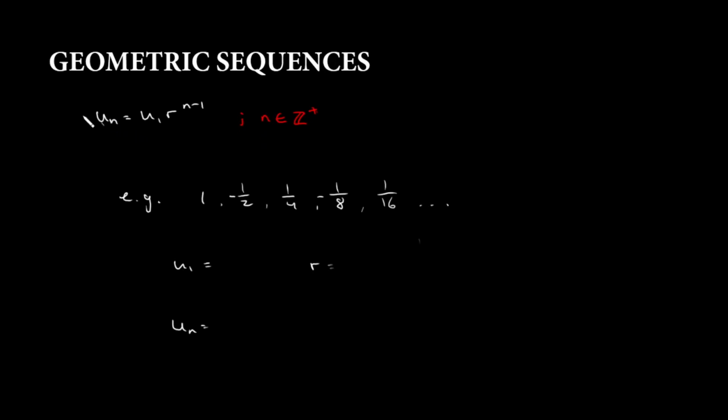This is what it is. Un is equal to u1 times r to the power of n minus 1. Bunch of random letters. I'll explain them to you. So u1 in this case, similarly to arithmetic sequences, is the first term of any sequence.